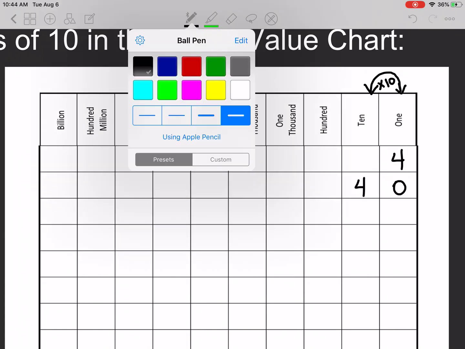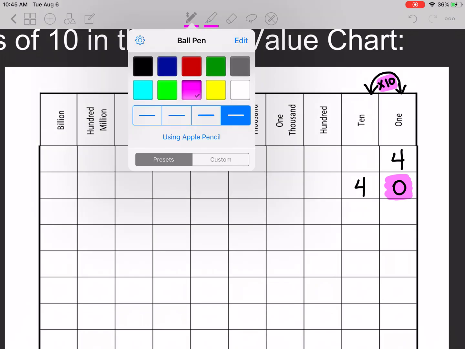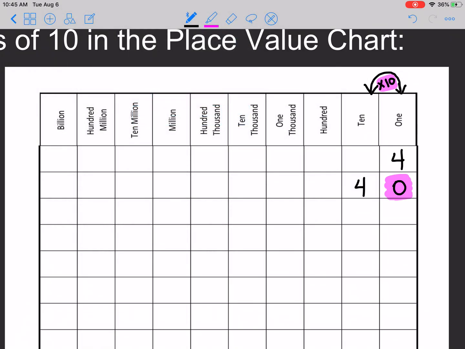And you can see where that 0 came into play when I multiplied by 10. And my 4 moved 1 place value, or became 10 times greater than what it was in the ones place.